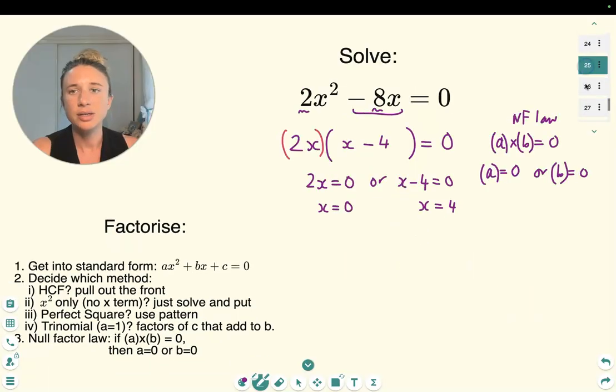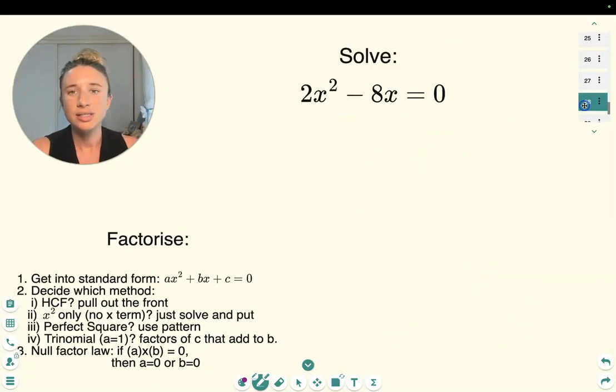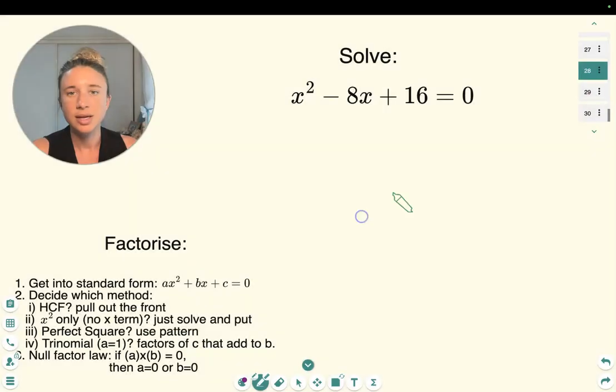One second, I just realized that I have done this one. Let's delete that. Okay, this one, x squared take 8x plus 16. Now notice at the start and end, there are square numbers, particularly this one. 16 is a square number.